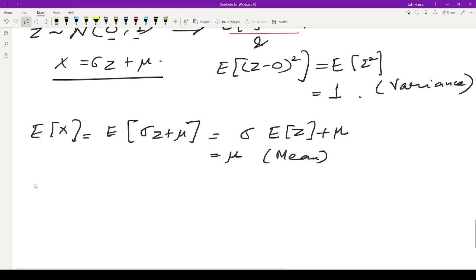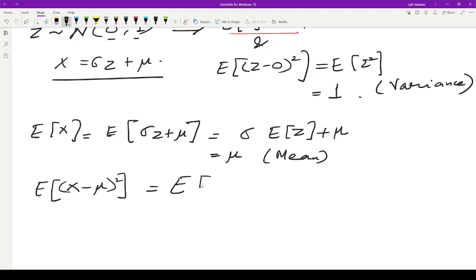We now move on to the next thing. We want to find the variance, which is the expectation of x minus mu whole square. So how can we write it? Now, x minus mu is what? Sigma z, right?